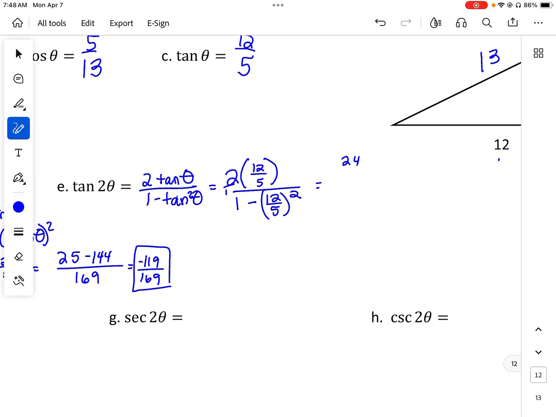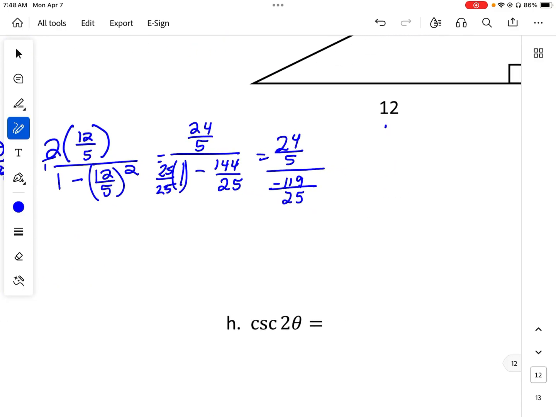So that'd be 2 over 1, so that's 24 over 5, over 1 minus 144 over 25. Got to find a common denominator, so that'd be 25 and 25. 24 over 5 over, well, haven't we already seen this? 25 minus 144 is negative 119 over 25.